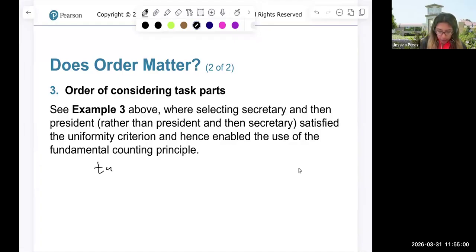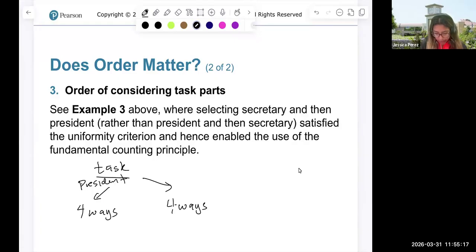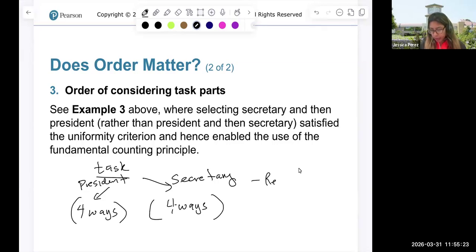So it would be the number of tasks. The first task was 4, so 4 ways of selecting a president. And for a secretary, we had 4 ways, but then we had to remove the cases where both positions are the same person.